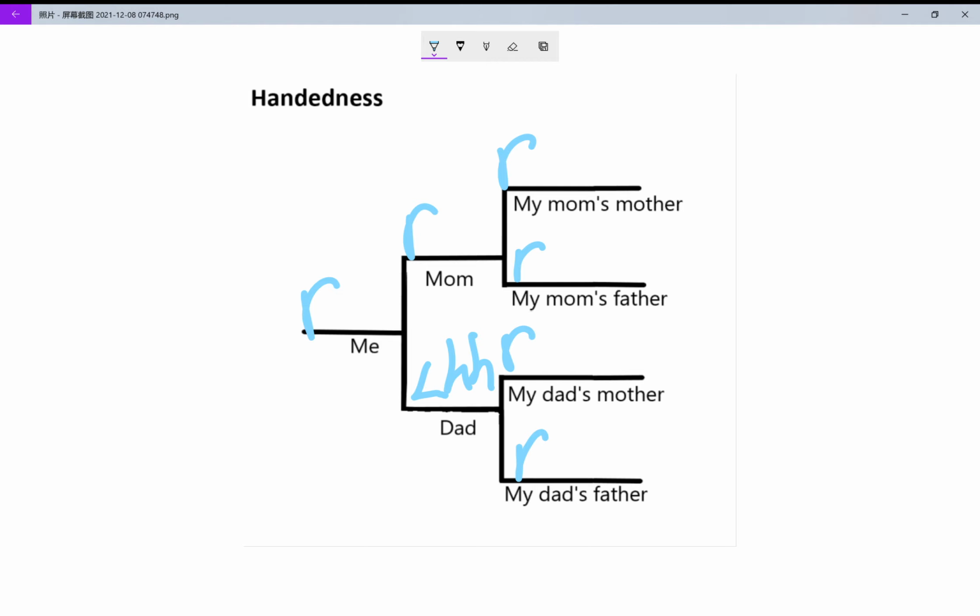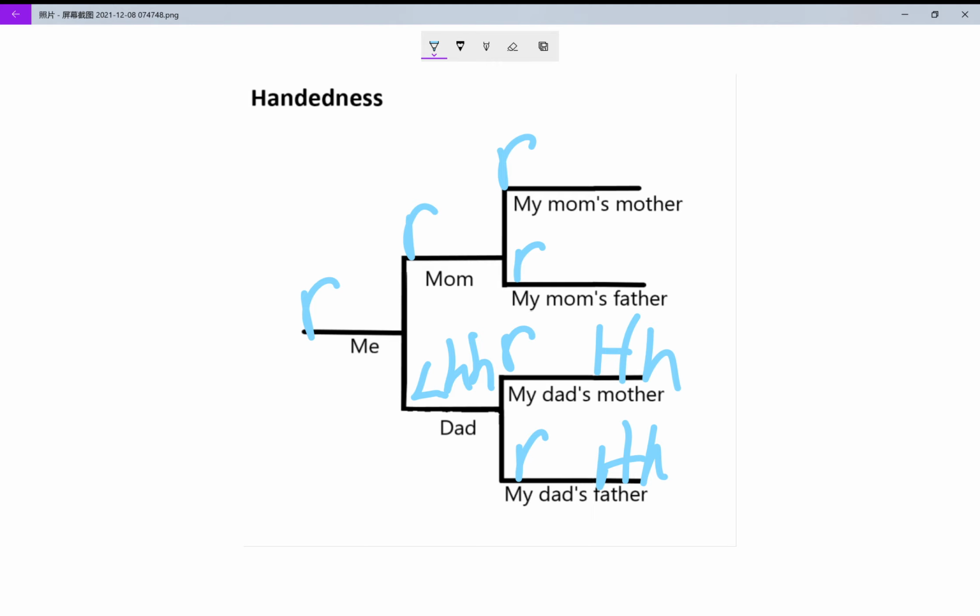And because my dad is a left-hander, each of my grandparents on my dad's side should provide one recessive allele. So both of them should be a big H with a little h.